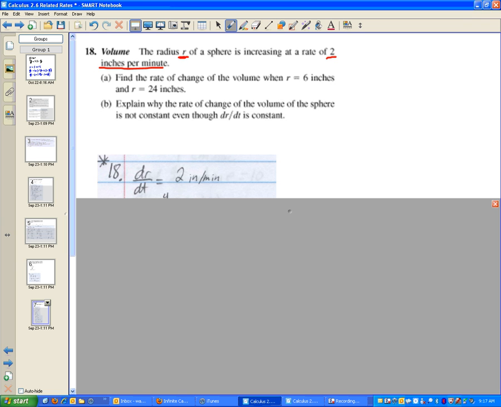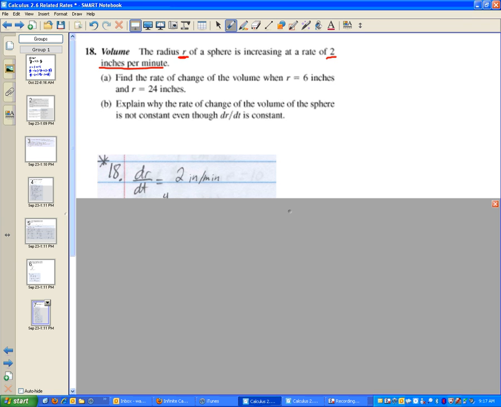So when they give us the rate of change of the radius, they're giving us the derivative of the radius. And it must be dr dt because the radius is changing with time. So the radius itself is an actual function of time. All right, you with me on why dr dt equals 2 inches per minute? All right, so that's something we know.